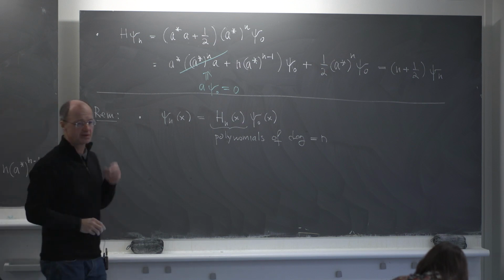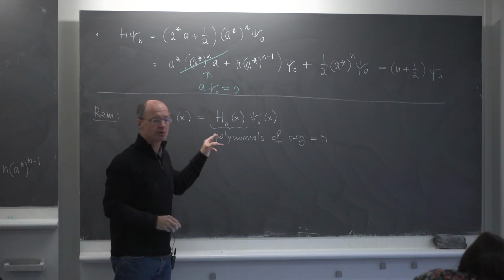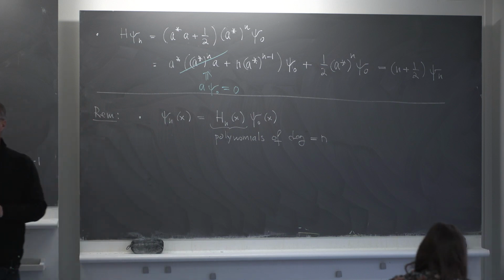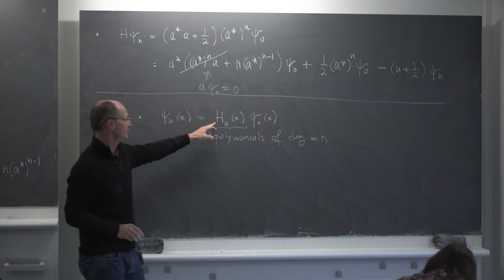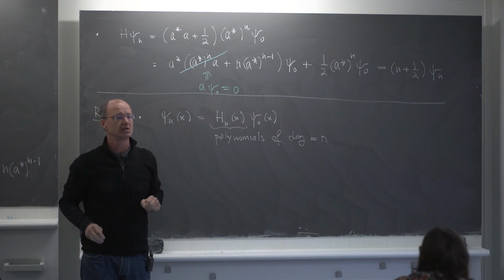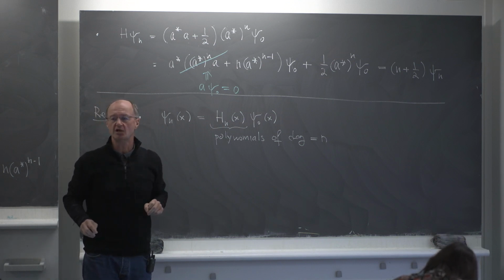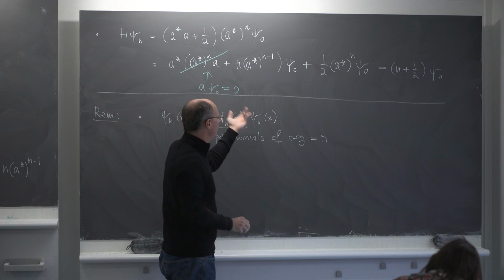Why is that? One of the exercises for next time will be to actually give some formula for those h_n. They're called Hermite polynomials. But why is it true?